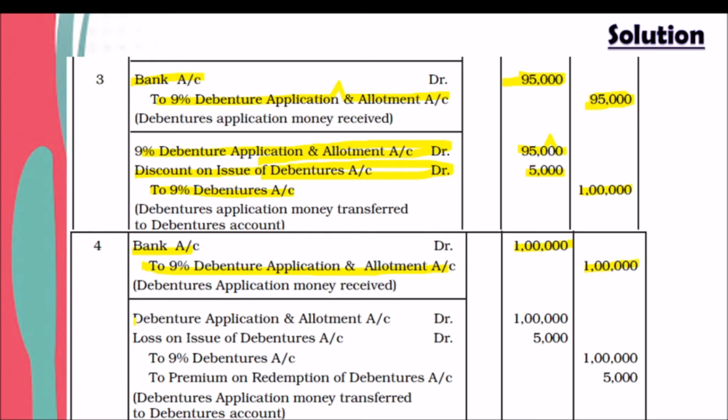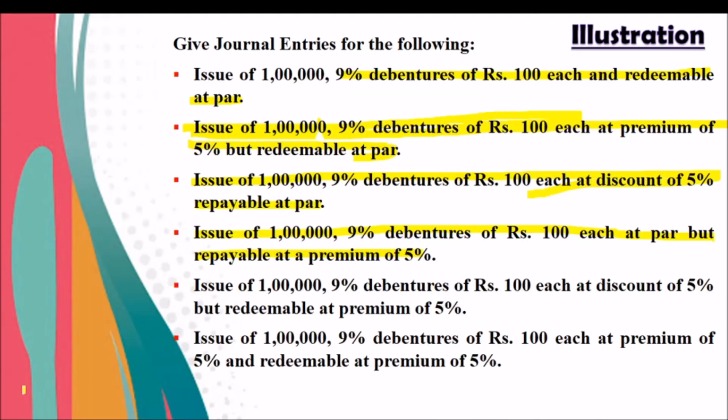Repayable at a premium, so debenture application and allotment account debit 1 lakh, loss on issue of debenture 5,000, to 9% debentures account 1 lakh, to premium on redemption of debenture account 5,000. That premium on redemption is the premium amount at the time of repayment, and that is a loss. That amount is transferred to loss on issue of debenture also.